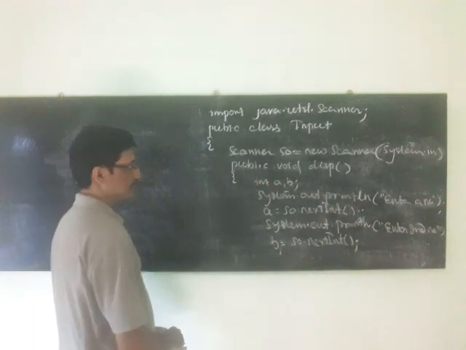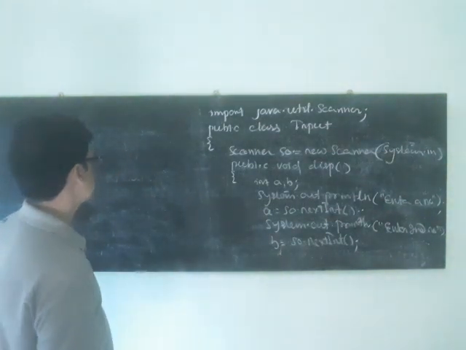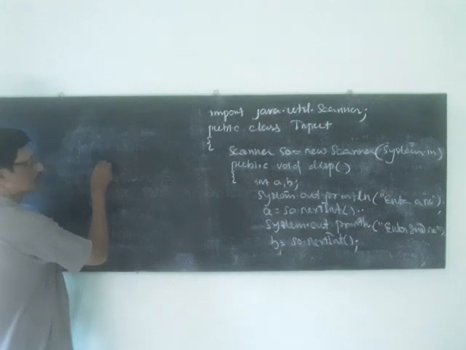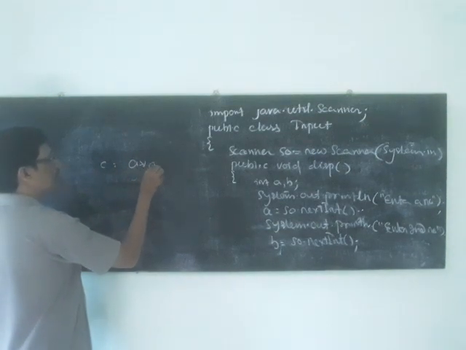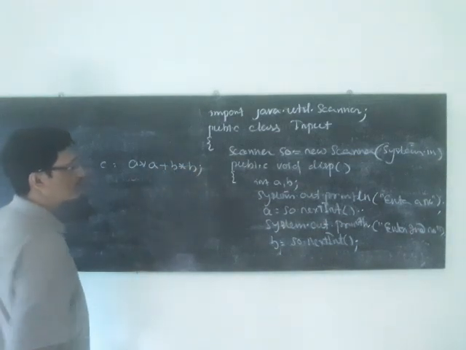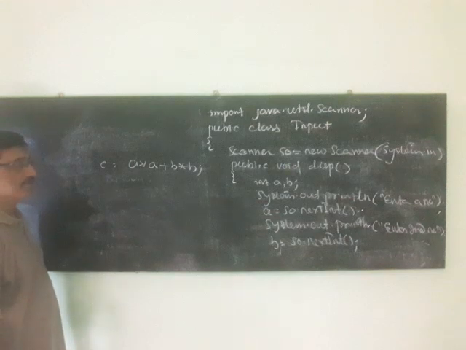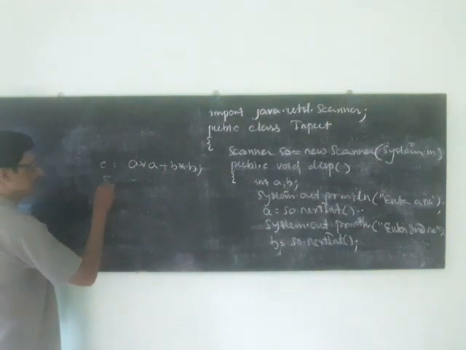Now we have to find the sum of squares of both the numbers. So you can store it in a variable, say c is equal to a into a plus b into b. In this way you can store the sum of squares of both the numbers in the variable c, and you can print it.